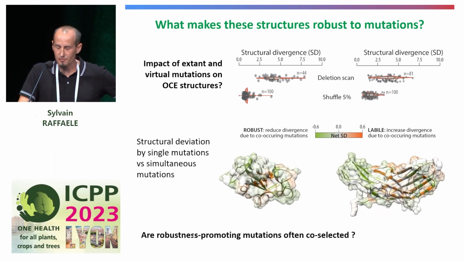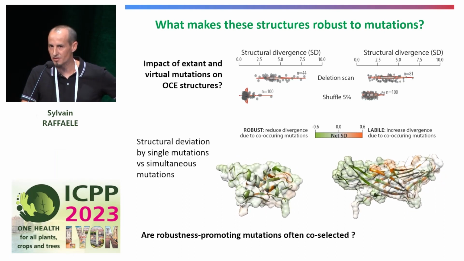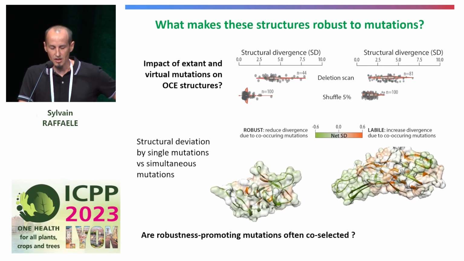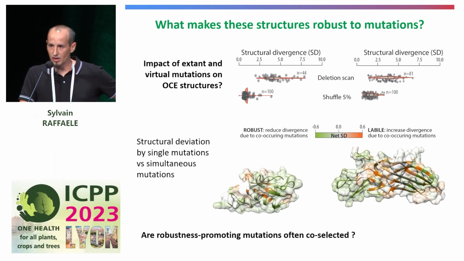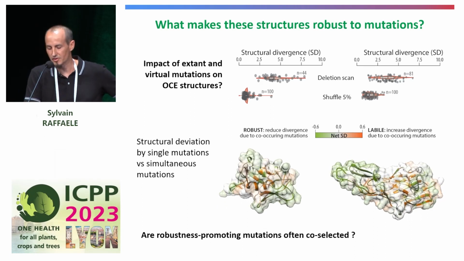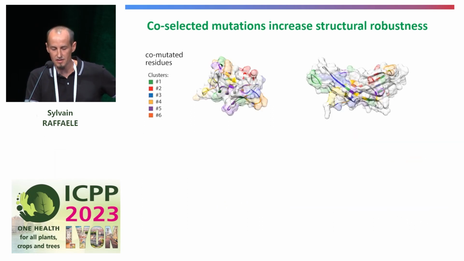If our hypothesis is right that some mutations allow these structures to stay stable and robust, we're expecting the robust mutations to co-occur with other types of mutations. To test that, we analyzed extant diversity in these effector families, looking for patches of co-mutated residues.